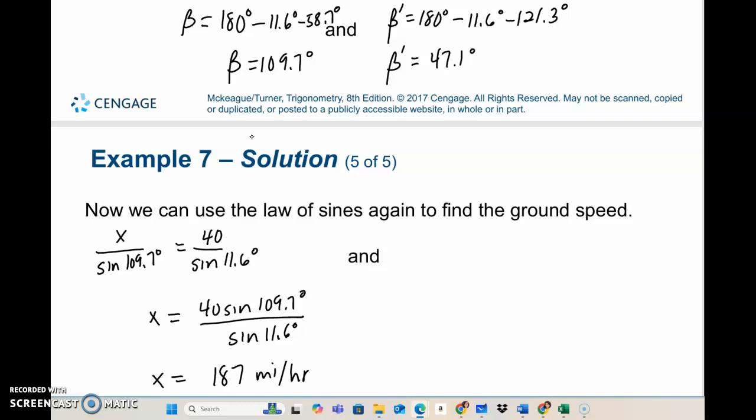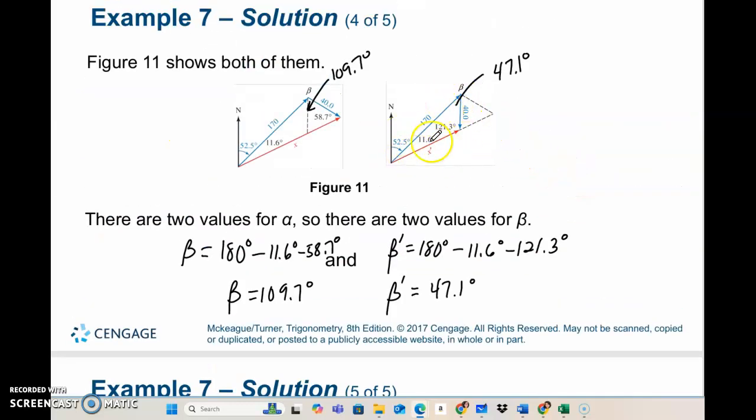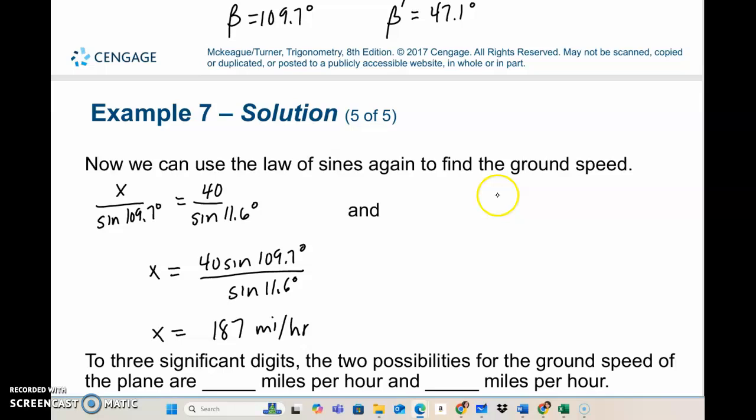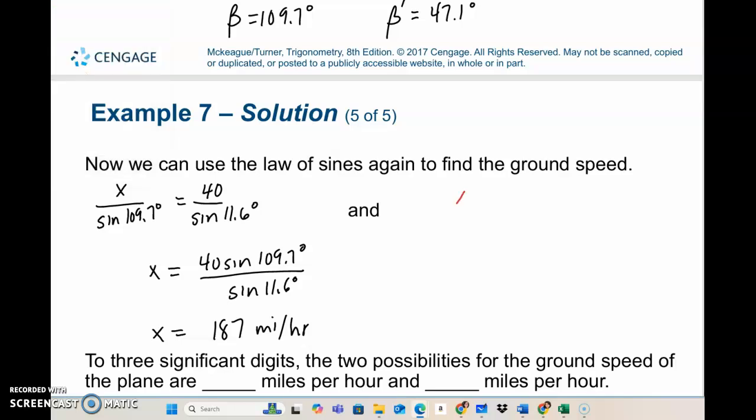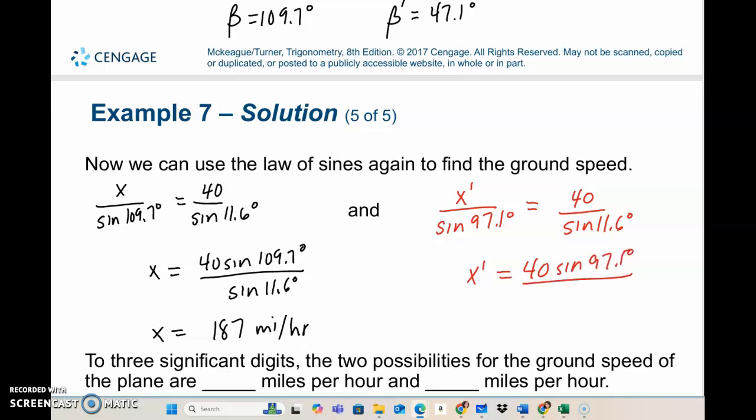Now I'm going to do a similar setup for this one. I'm just going to call it x prime, to distinguish between the two. So the angle that is across from x prime is 97.1. And so now I would multiply both sides by the sine of 97.1 so that it gets out of the denominator here.